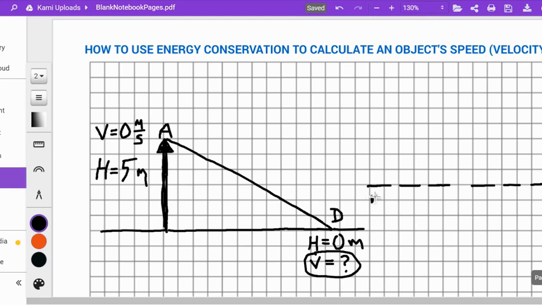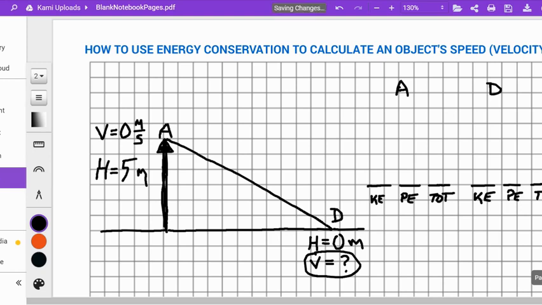I'm going to track kinetic energy, KE, potential energy, PE, and total energy, TOT, for both point A and point D. So again, KE, PE, and total.